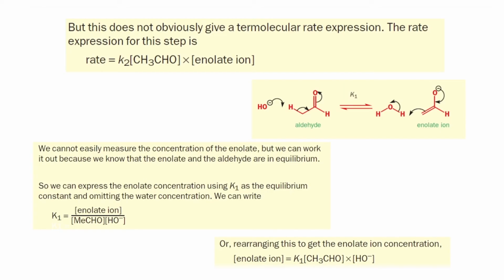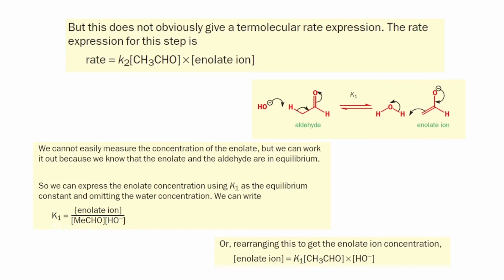The equilibrium constant here is nothing but the concentration of enolate divided by the concentration of the aldehyde times the concentration of hydroxide. So now, in order to estimate the enolate concentration, we do a rearrangement. The rearrangement is shown here: the enolate concentration equals K, the equilibrium constant, times the aldehyde concentration times the hydroxide concentration.